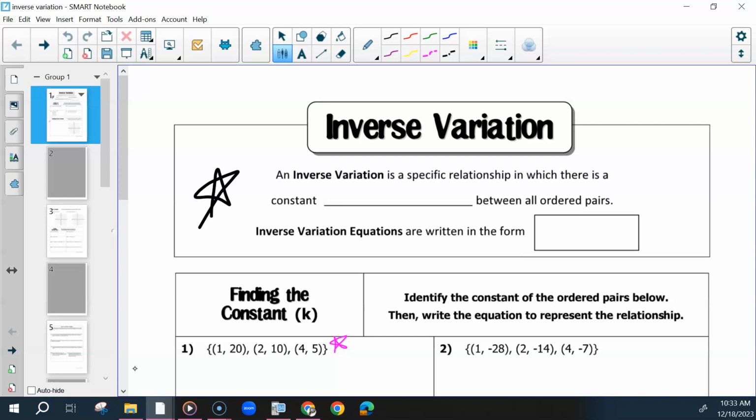Inverse variation is a specific relationship in which there is a constant product. So this is opposite of the direct, because direct was ratio between all ordered pairs. Inverse variation equations are written in the form y equals k over x. So direct was y equals kx, inverse is k over x.